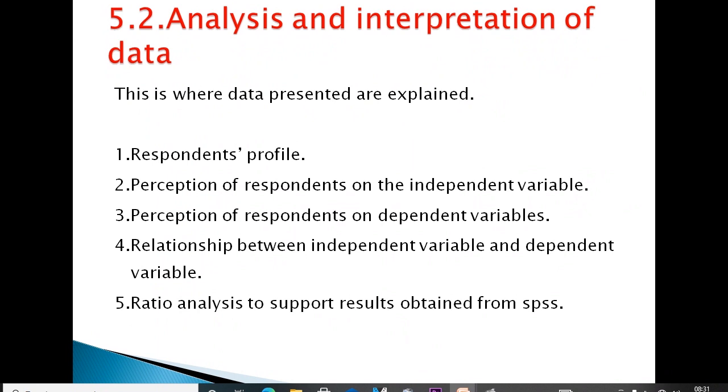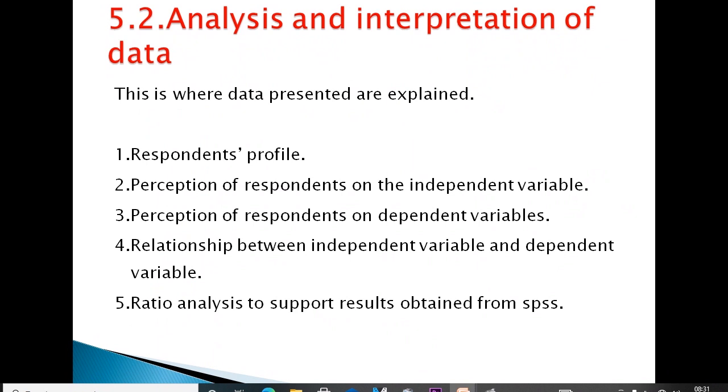The researcher presents and analyzes the respondent profile, the perception of respondents on the independent variable, the perception of respondents on dependent variables, and the relationship between independent variables and dependent variables.